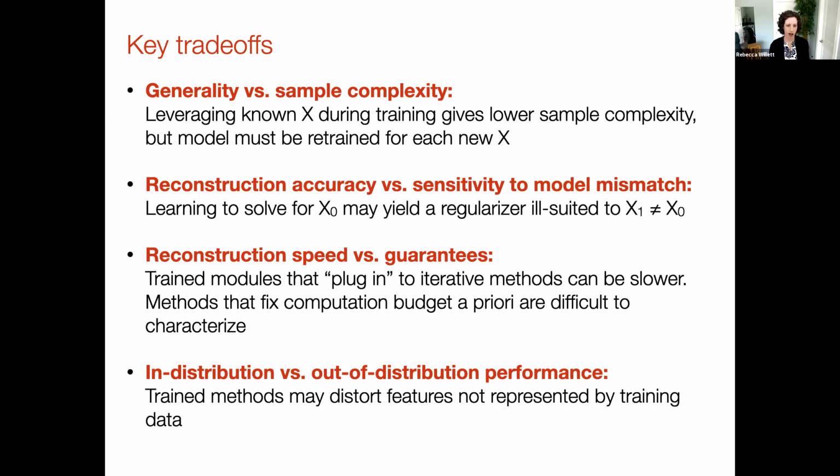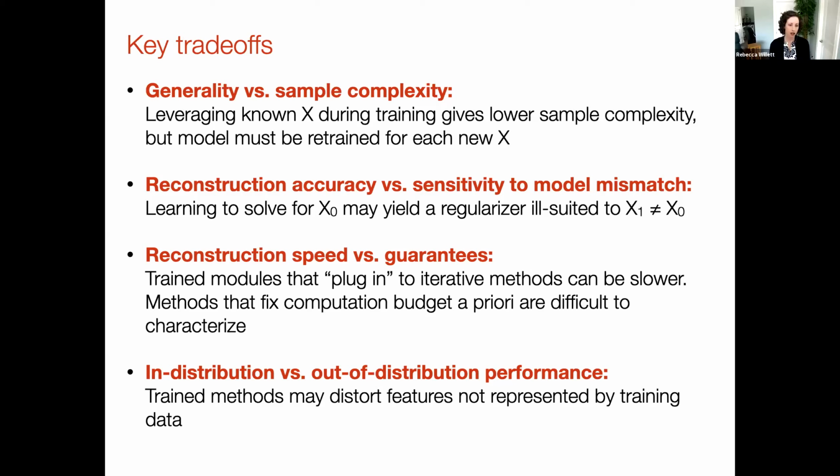But the trade-off there is that if I were to suddenly want to solve a new inverse problem, say I want to take everything that I learned for a GE MRI scanner and apply it to a Siemens MRI scanner that has different kinds of calibration or whatever, then I might have to redo my entire training process.